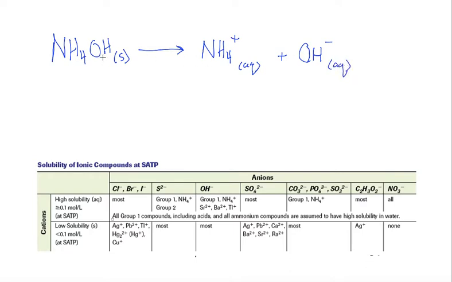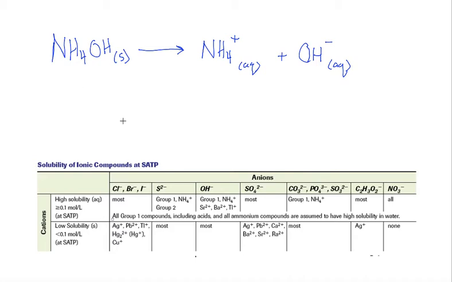So the ammonium hydroxide, when I put it in water, I get dissociated ions of NH4 plus and OH minus. This is how we can use our solubility rules to help us identify what we can write as ionic equations and what we can't.